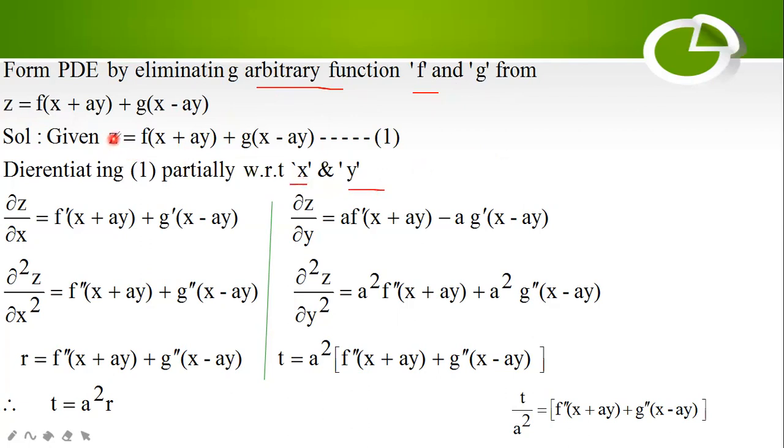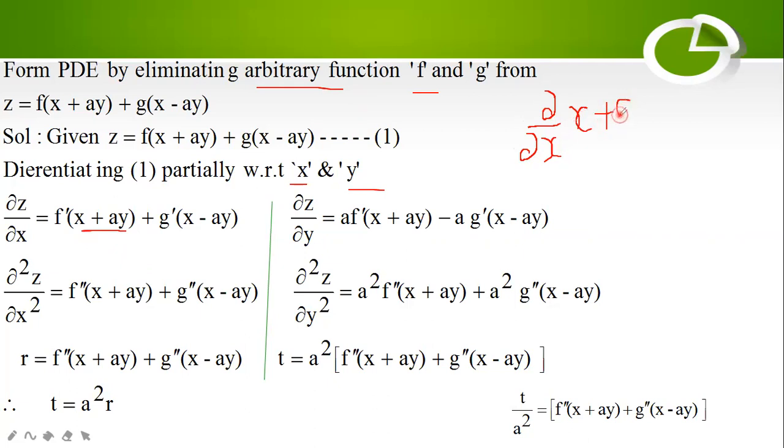Now we are differentiating z with respect to x, that is dou z by dou x equal to the derivative of f, that is f dash of x plus ay, and the derivative of this function with respect to x, that is dou by dou x of x plus ay.